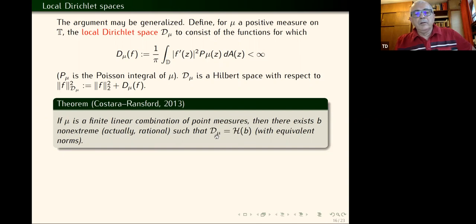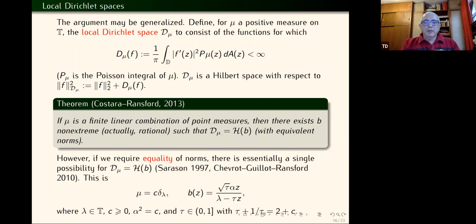Now, the general problem would be to characterize all the mu's for which we have D mu equal to H of b, or all the b's for which there is some D mu, but in general, we don't have such a general result. We know just necessary and sufficient conditions to have such an equality. The sufficient one was given before, that we have a finite sum of point measures.